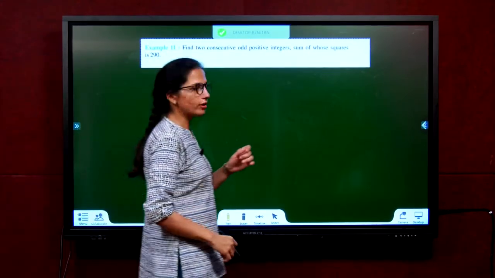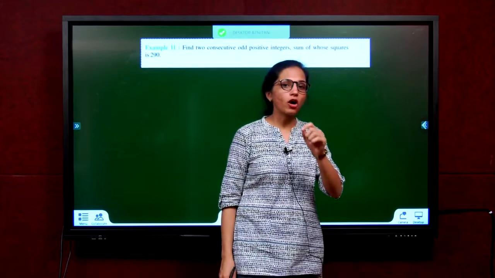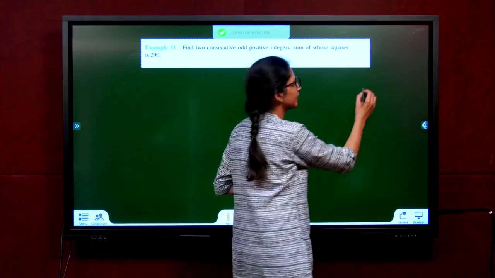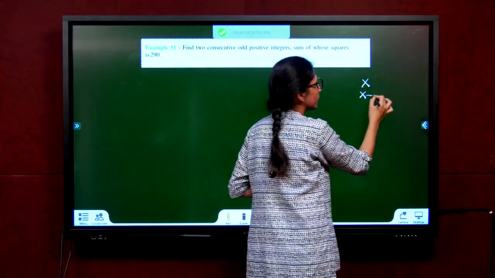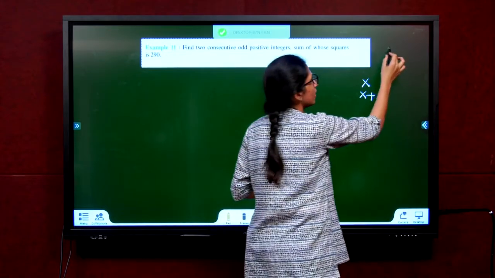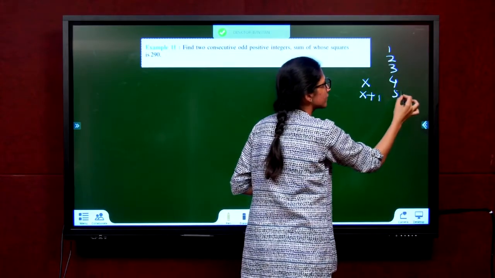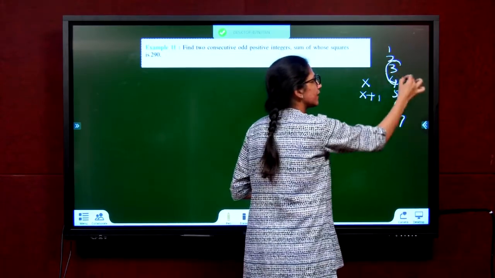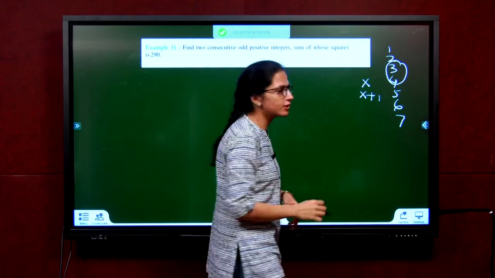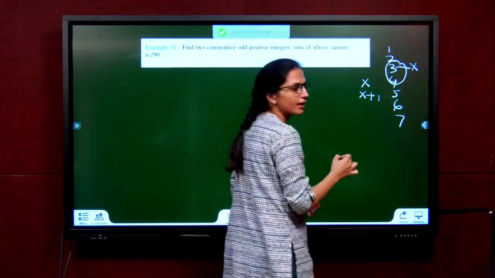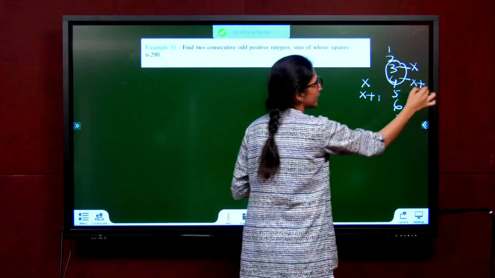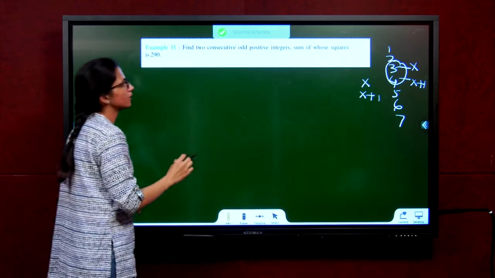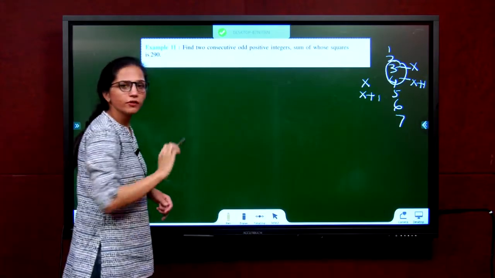I gave you a note saying that if you are given consecutive integers, take the integers as x and x plus 1. Why? Because if I have 1, 2, 3, 4, 5, 6, if I tell 3 and 4 are my consecutive integers, if x is 3, 4 is x plus 1. Carefully observe in this question, they are not asking for consecutive integers.